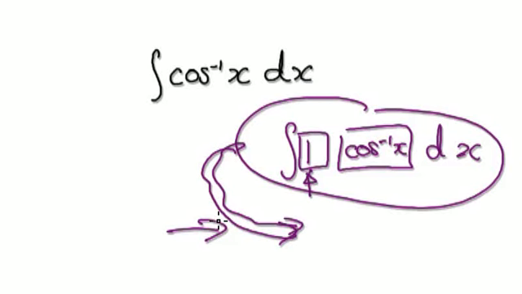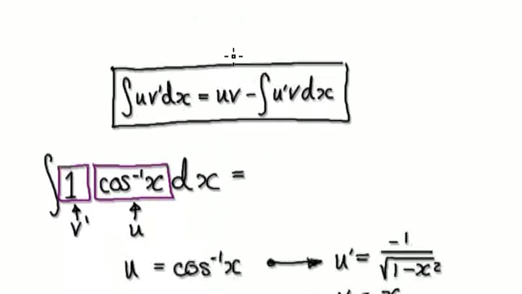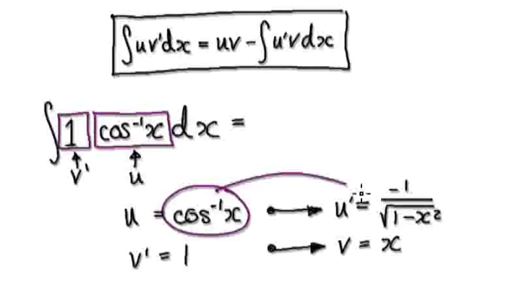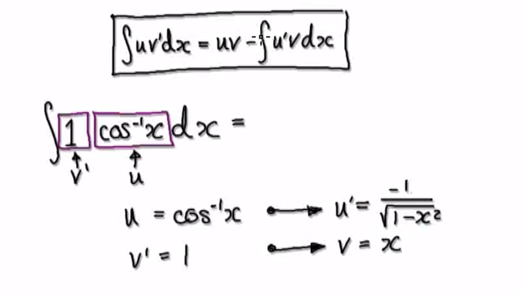Okay, so our normal way of doing this would be to do this. So set v prime to be 1, set this to be our u, and then we would blindly follow this. So if u equals this, then u prime would equal this. If v prime equals this, integrate it, that would then give you this, and then we would just blindly follow this.